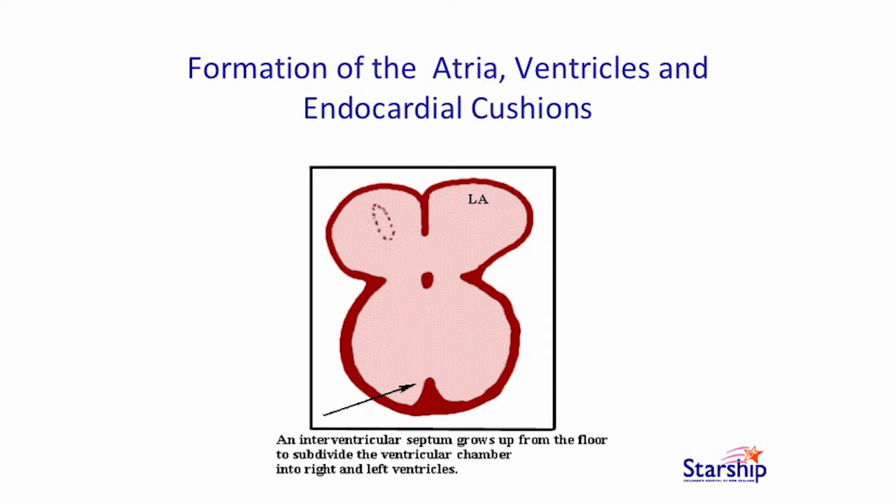In the ventricle, simultaneously, you get an interventricular septum that starts to grow up from the floor of the primitive ventricle to subdivide the ventricular chambers into the left and right ventricle. And it's initiated by this muscular ridge that grows out from the apex of the heart, and it's very thick muscular tissue.